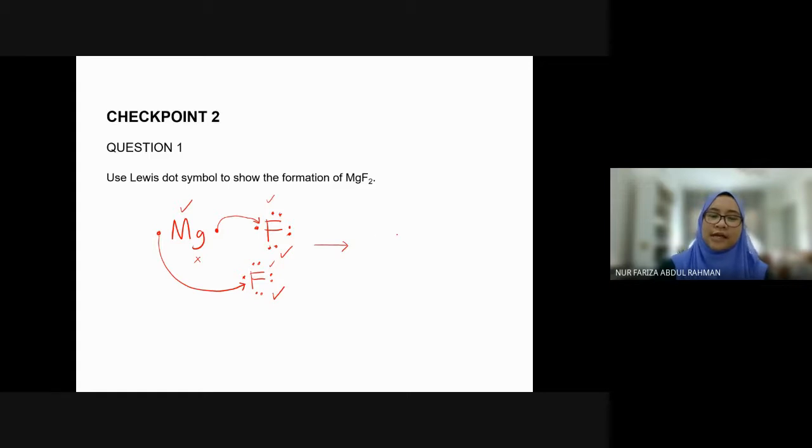So that's why dia akan jadi Mg2 plus because both of the electrons have been removed, and fluoride. So we have two fluoride kan. So dia dah ada 8 kan. So kita letak 2 dekat situ.